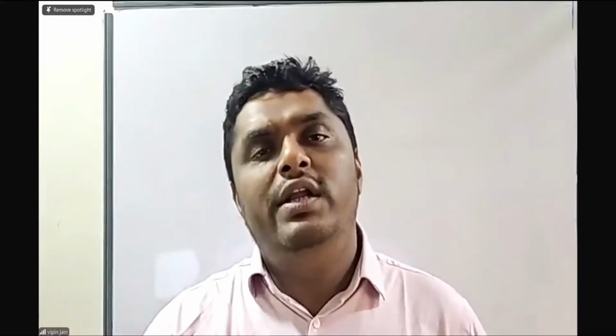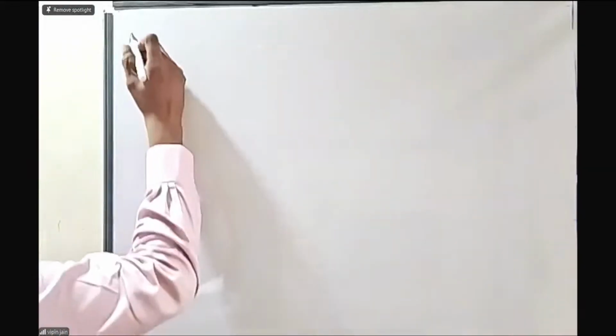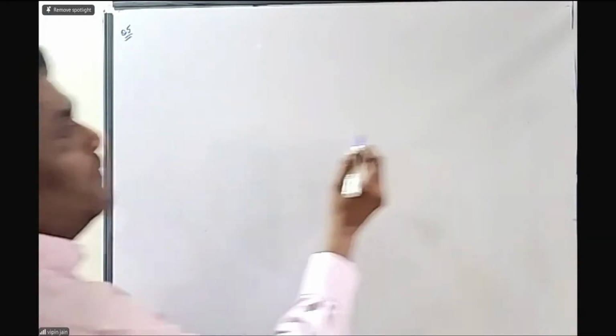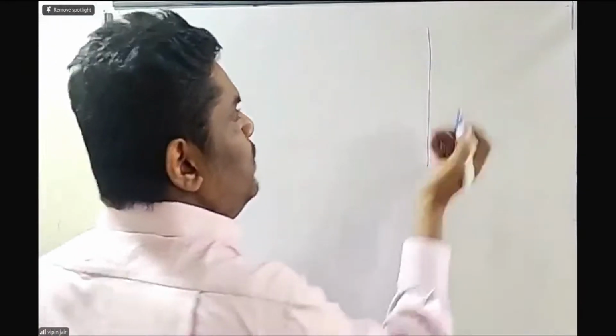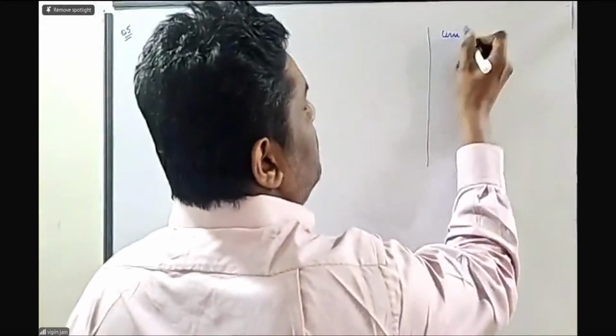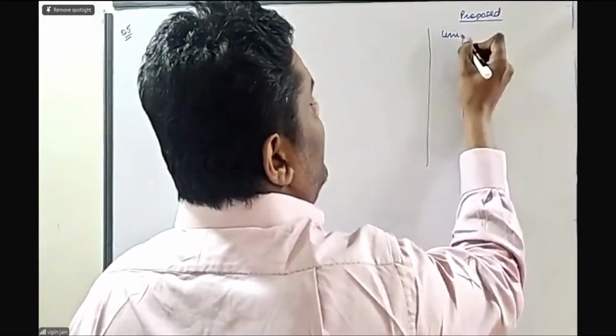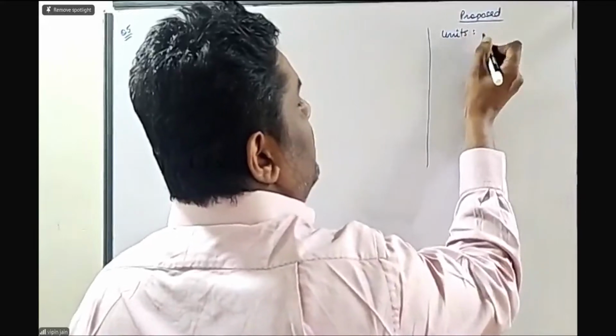I'm discussing question number 5 from my material. I request you guys to post your answer, that is how much extra contribution I'll be getting. Let's break up the solution.